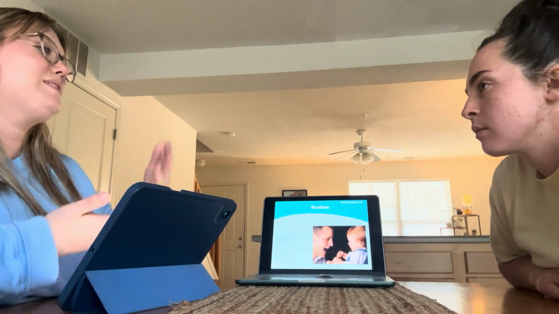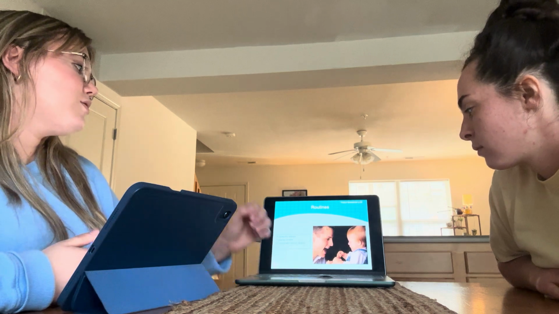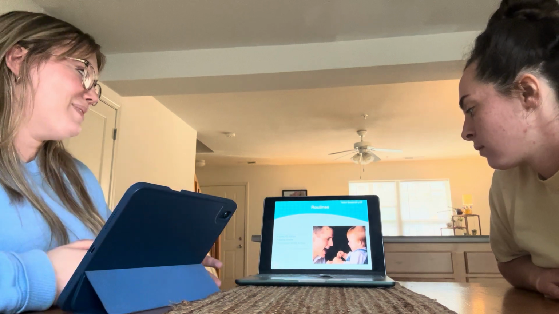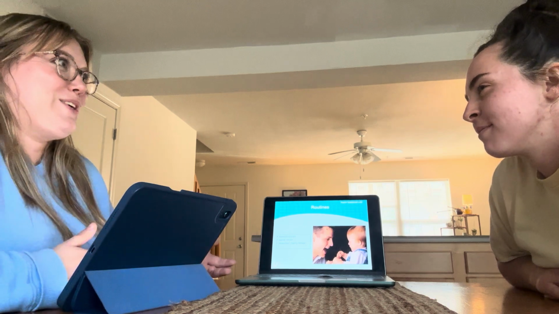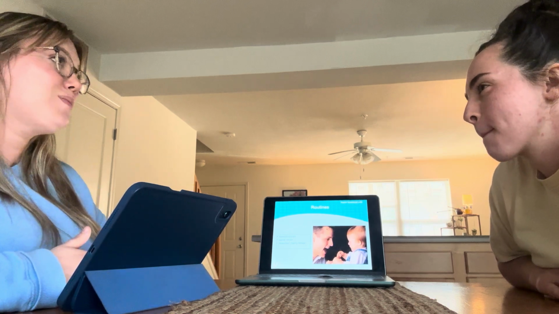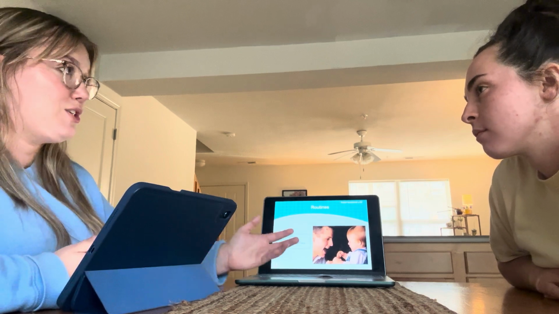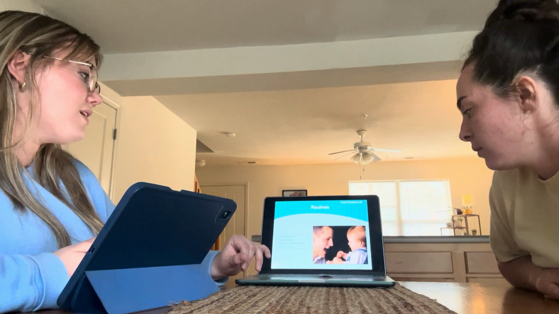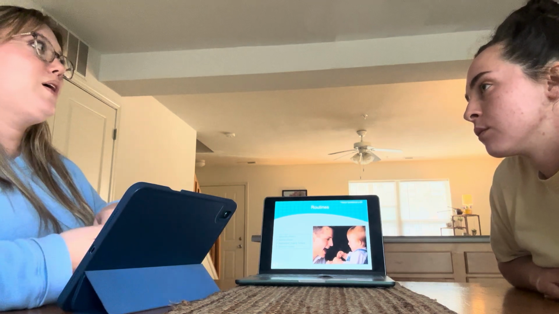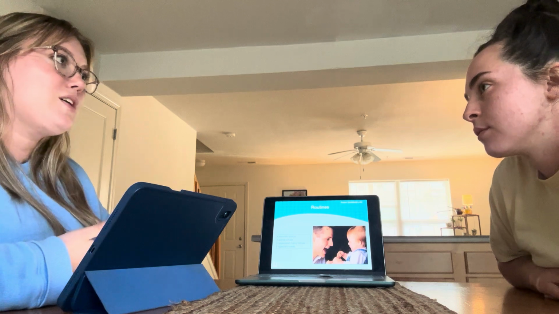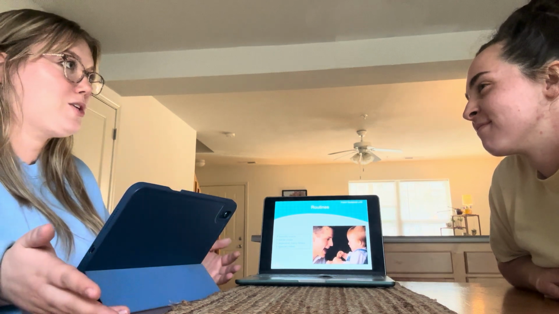It has to go in the same order every time. So steps have to be repeated many times. If you remember back to when you were a child, we didn't know how to brush our teeth, and so our parents had to continually show us each specific and same order step to learn how to brush our teeth. And there are specific roles. When we were younger, our parents put the toothpaste on our toothbrush, and then we could brush our teeth. But now that we're older, we put our own toothpaste on our toothbrush.